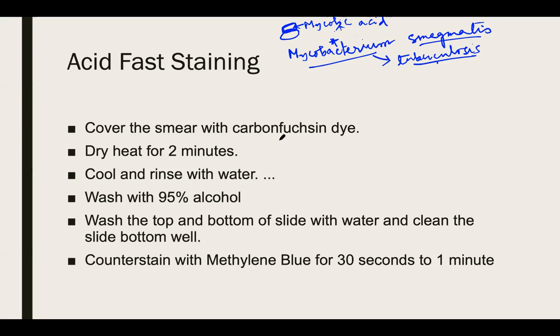So in this case, our primary stain is carbol-fuchsin. And while treating the specimen with carbol-fuchsin, we actually use heat for 2 minutes. Then we use alcohol, 95%. In this case, we actually use acid alcohol, so that we can rinse away all the mycolic acid.